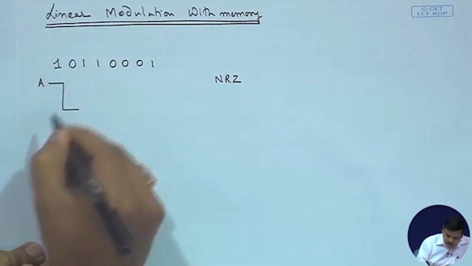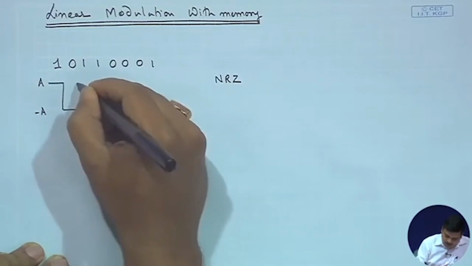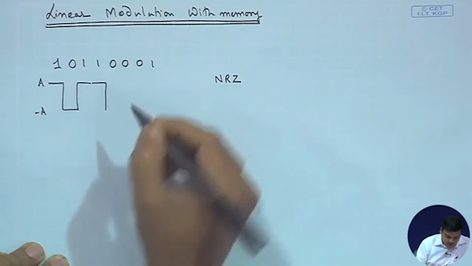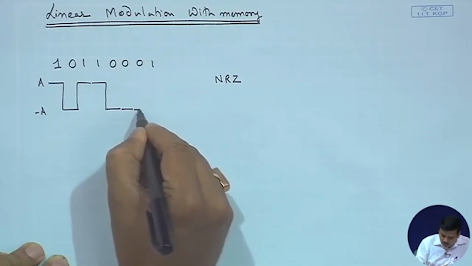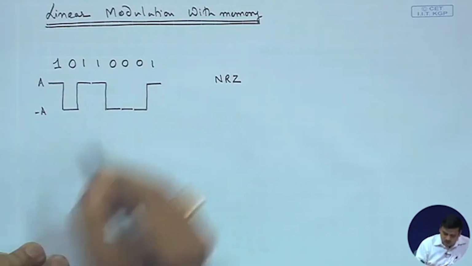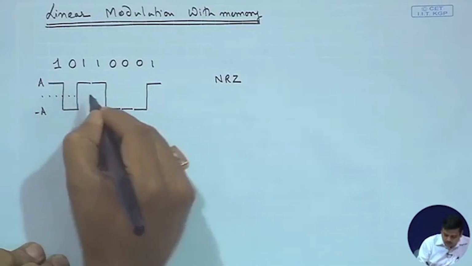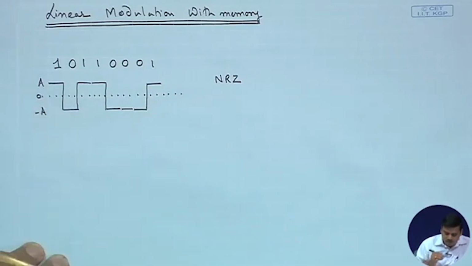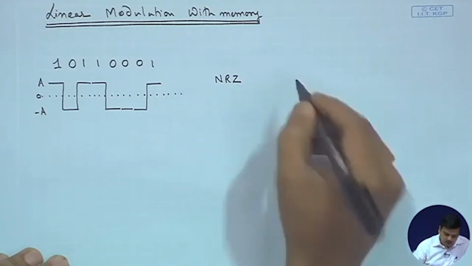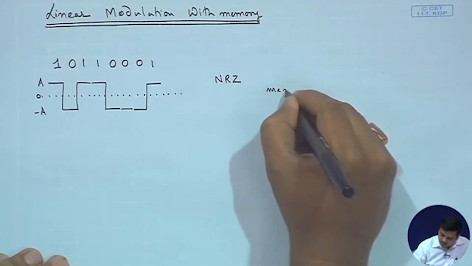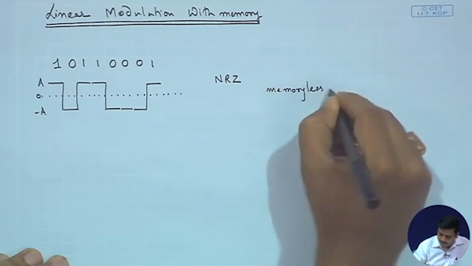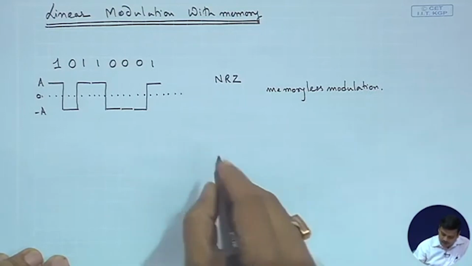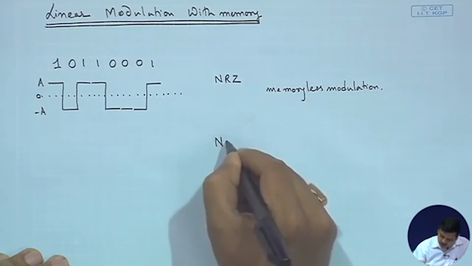So, this is plus A, this is minus A, and again whenever there is a 1 you send plus A, whenever there is a 0 you send minus A, and so on and so forth. So, this is the 0 level. This is memoryless modulation clearly, right.